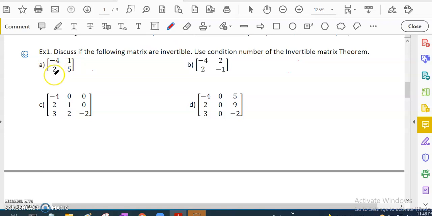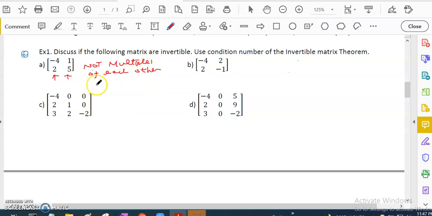That means we can look at whether it has n pivot columns or independent columns to conclude if they're invertible. Because we have two column vectors and they are not multiples of each other, whenever it is just two and they are not multiples of each other, we can say they must be independent, right?